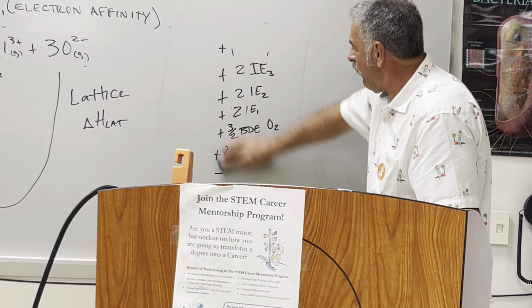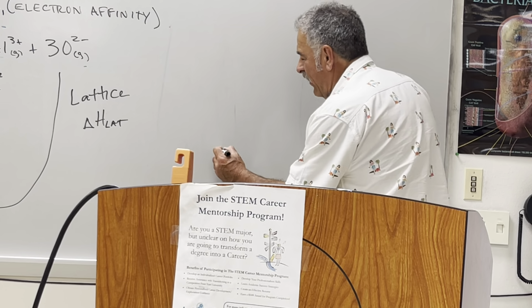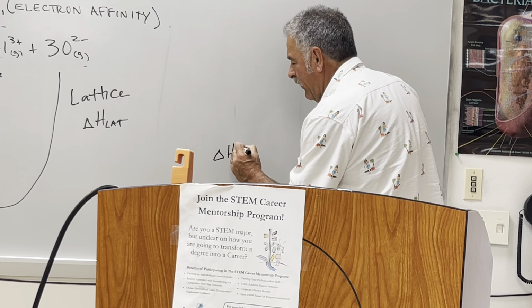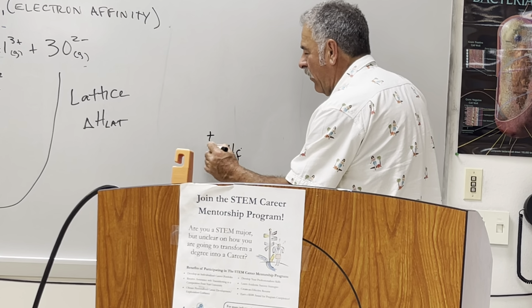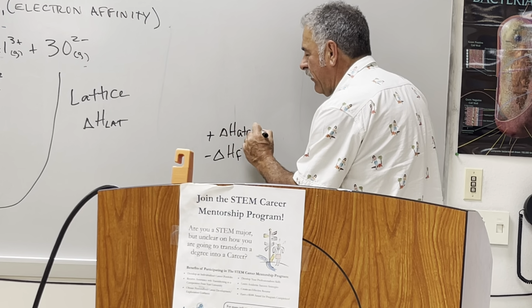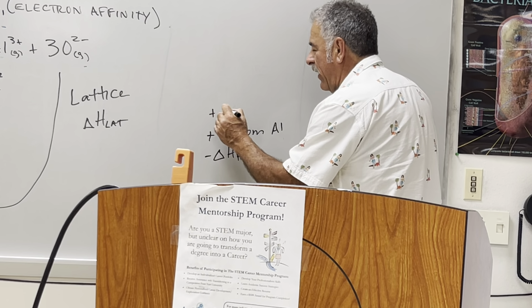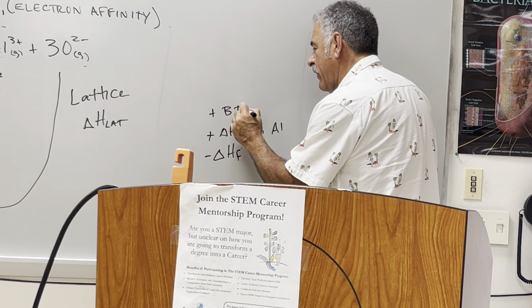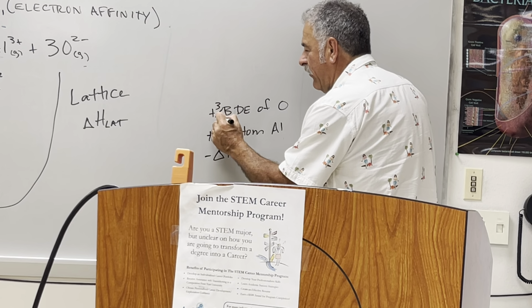So let's start over. The first step is delta HF, which is a minus number. Then we're going to add delta H atomization of aluminum. Then we're going to break the bond of oxygen, 3 halves.